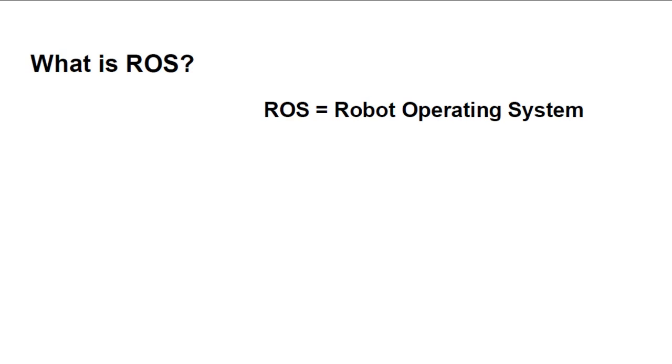And the second question: why should I use the Robot Operating System? Actually, ROS provides functionality for hardware abstraction, device drivers, and communication between processes. For example, you can imagine an autonomous vehicle. In an autonomous vehicle, we have lots of sensors.